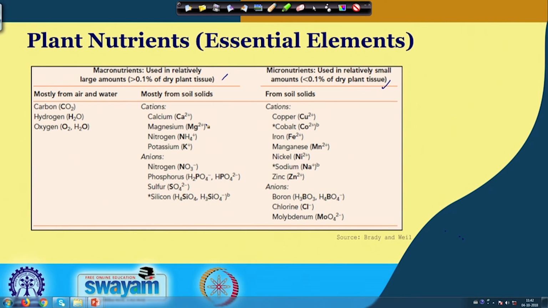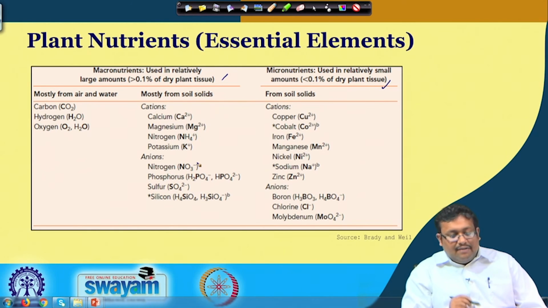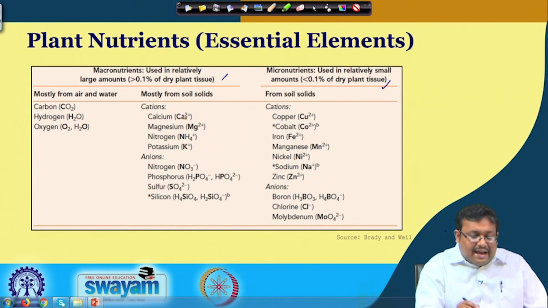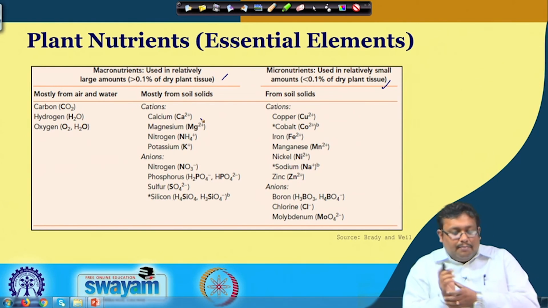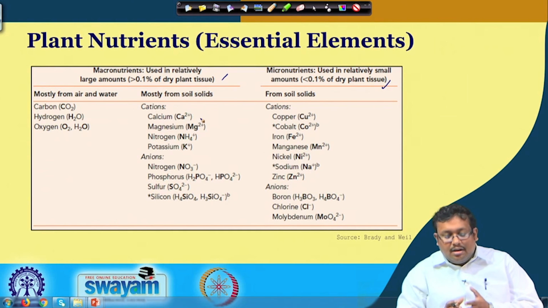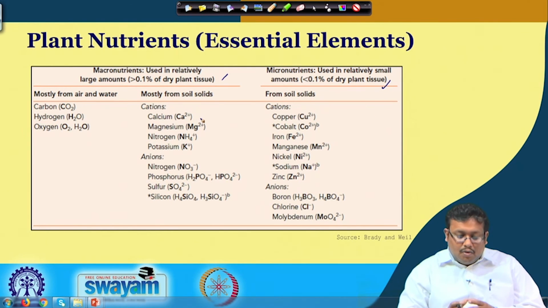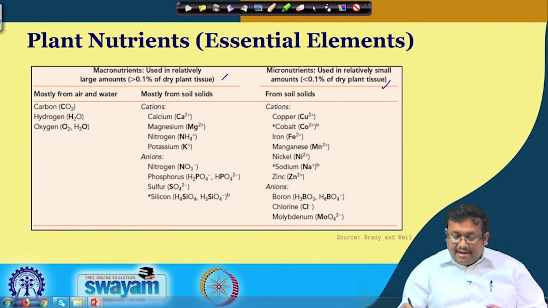Among macronutrients, as you can see, nitrogen, phosphorus, sulfur, calcium, magnesium, and potassium are there. In case of micronutrients, cobalt, iron, manganese, nickel, zinc. In case of anions, boron, molybdenum, these are important, and we will discuss in details in the later classes.